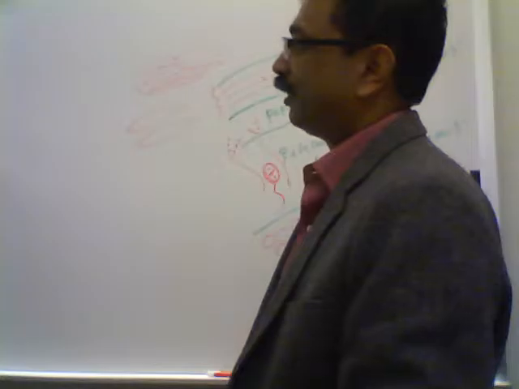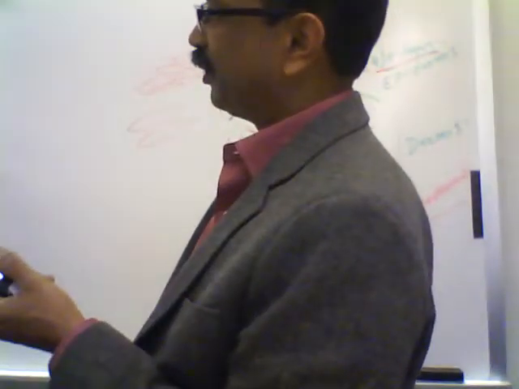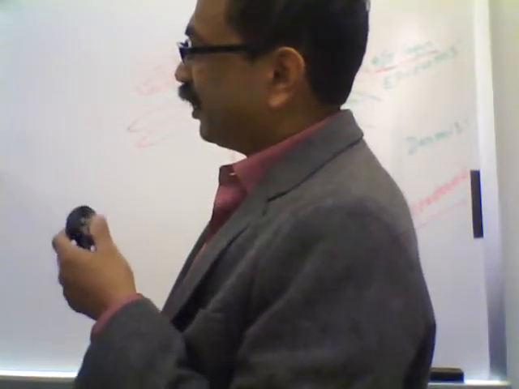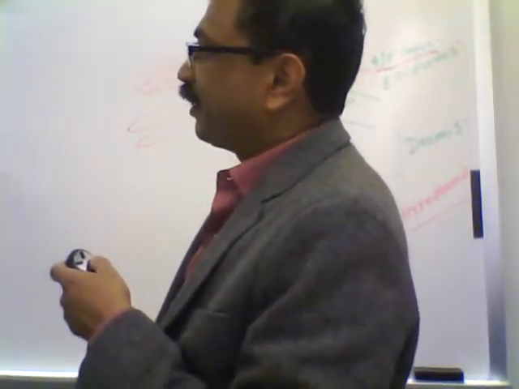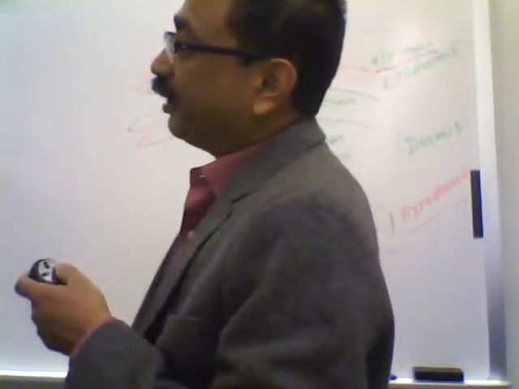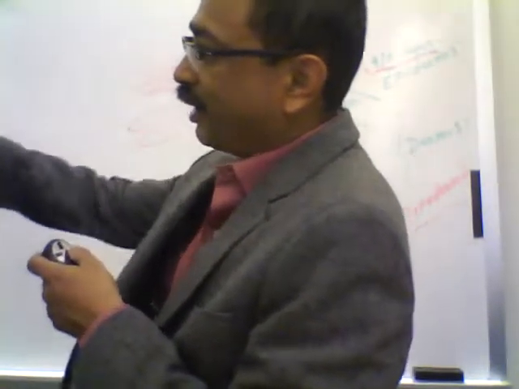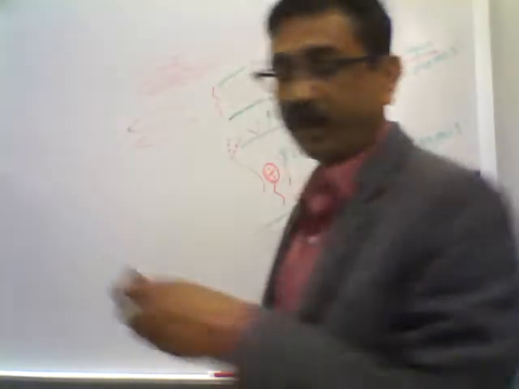So you see, dermis contains most of the skin structures. And you see that blood vessels are only in the dermis, not in the epidermis. So epidermis doesn't have any blood circulation.